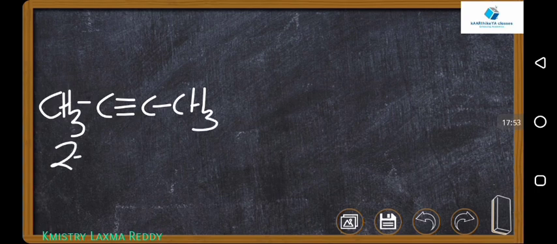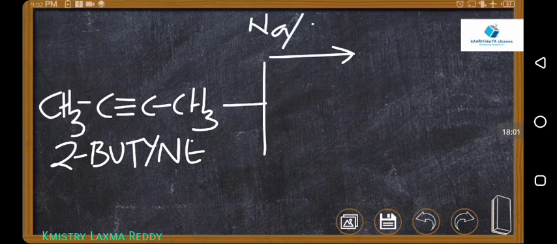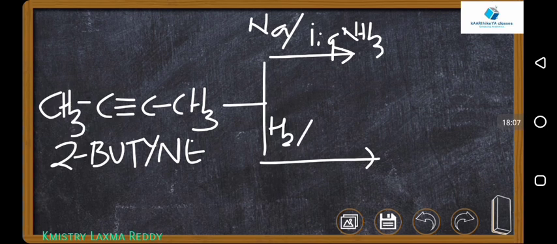But interestingly, one question you see, CH3, C triple bond C, CH3, that is 2-butyne. When 2-butyne is with you, you can use sodium in liquid ammonia, otherwise you can use hydrogen, palladium, barium sulfate in presence of quinoline.